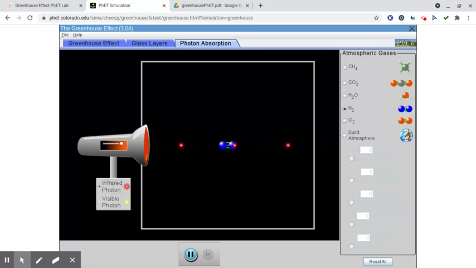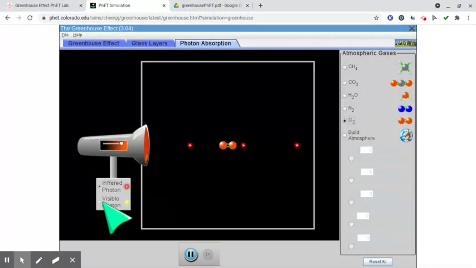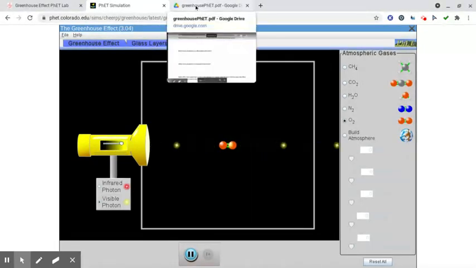It does not appear that nitrogen gas is affected by the infrared nor the visible light. Oxygen does not seem to be affected by the infrared. Let's check the visible light. Not affected.